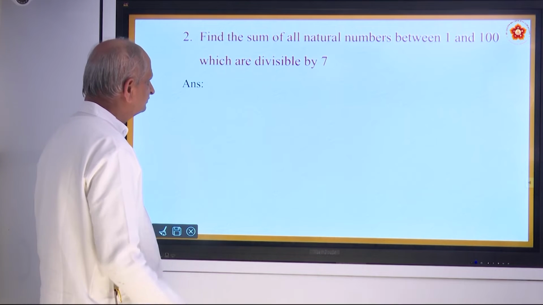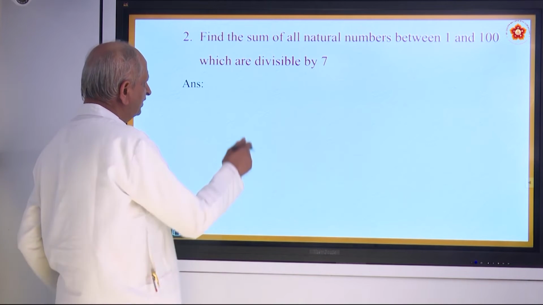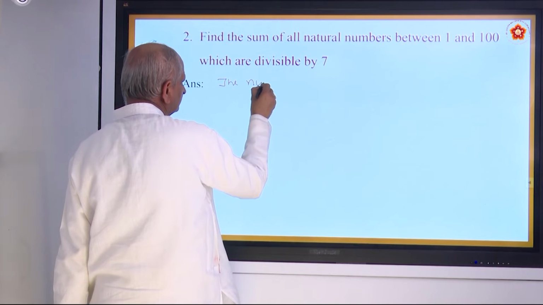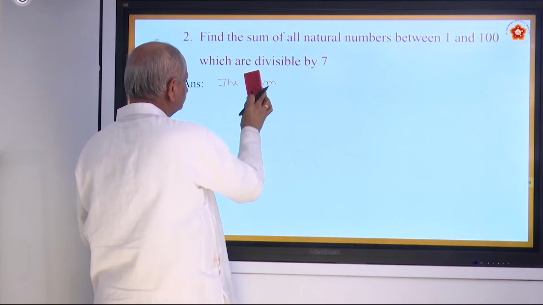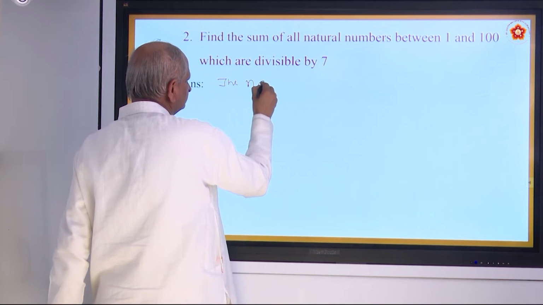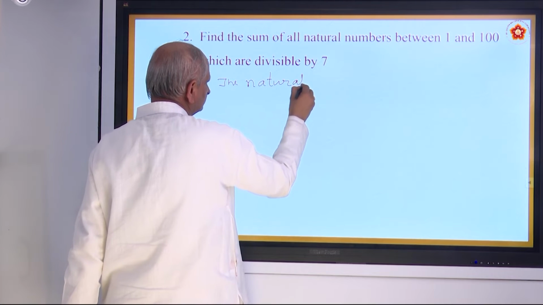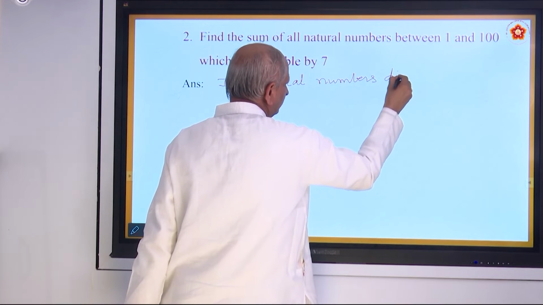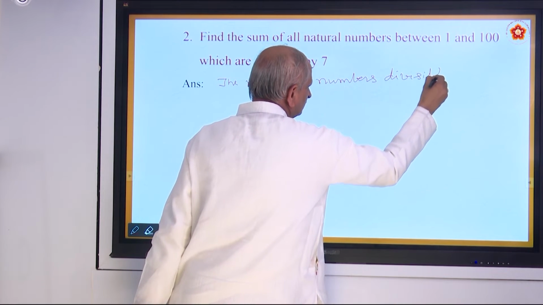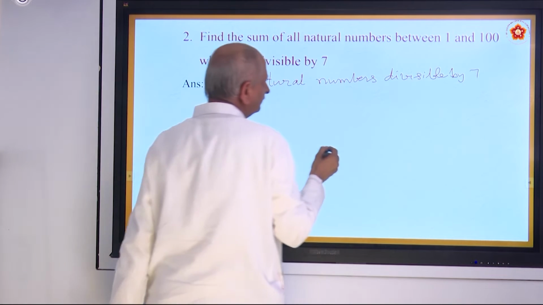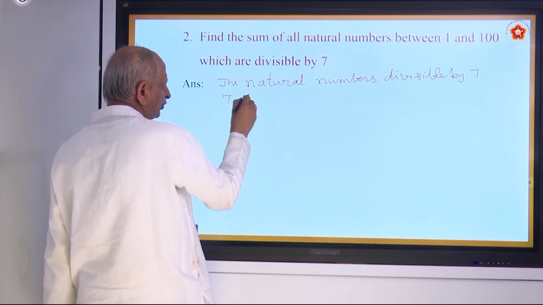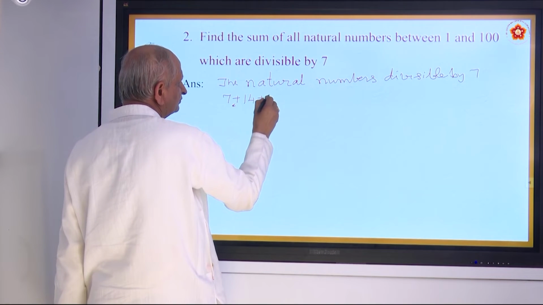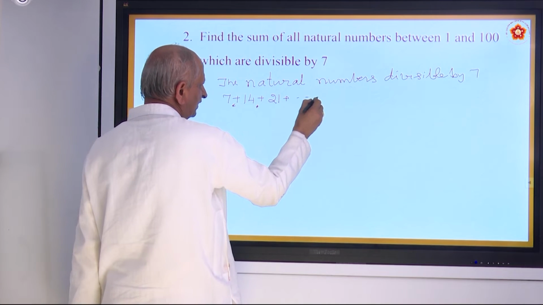So, natural numbers divisible by 7. 7 2s are 14, then 7 3s are 21, like that.